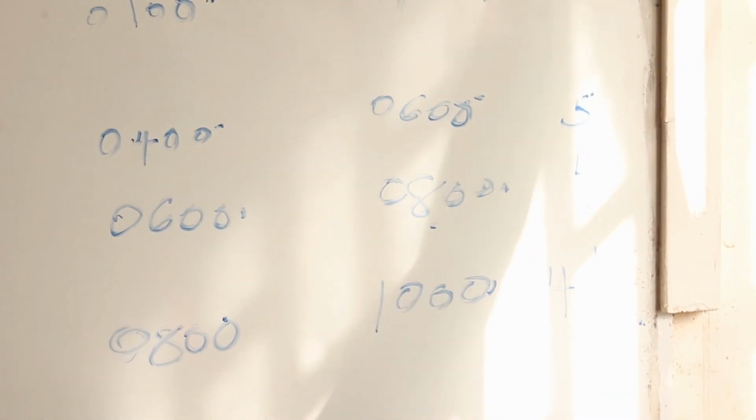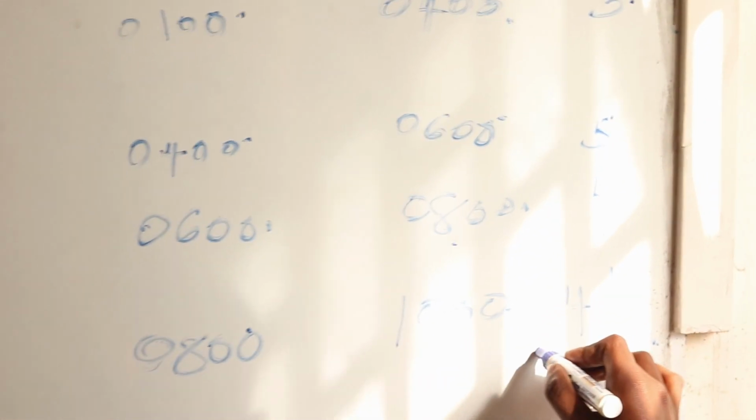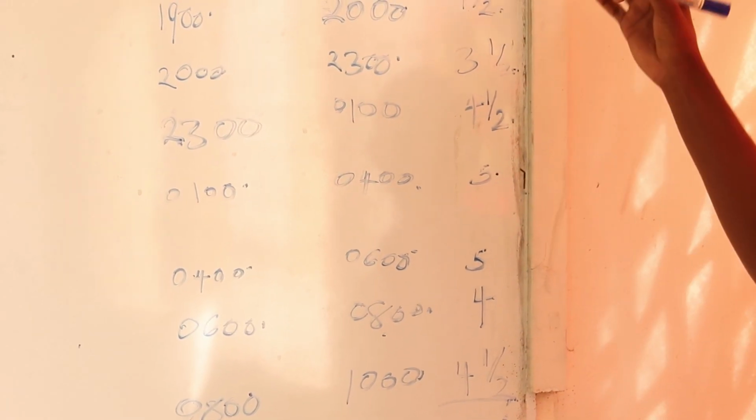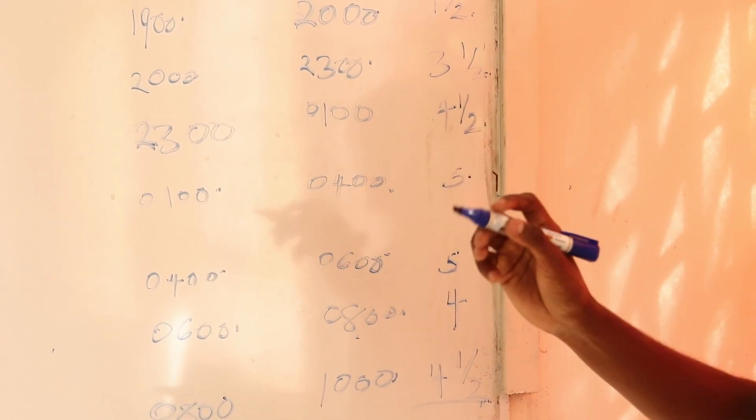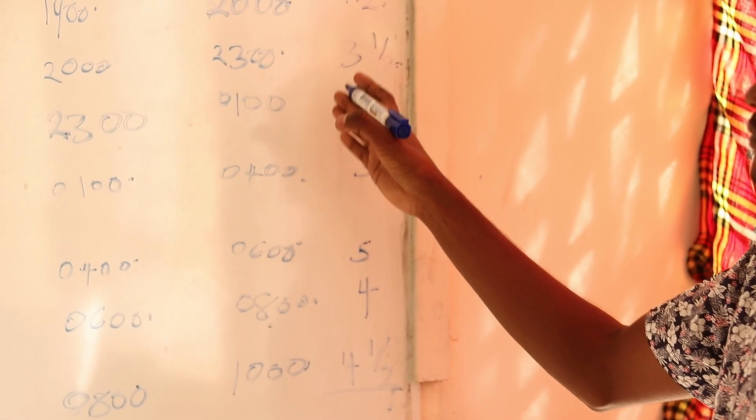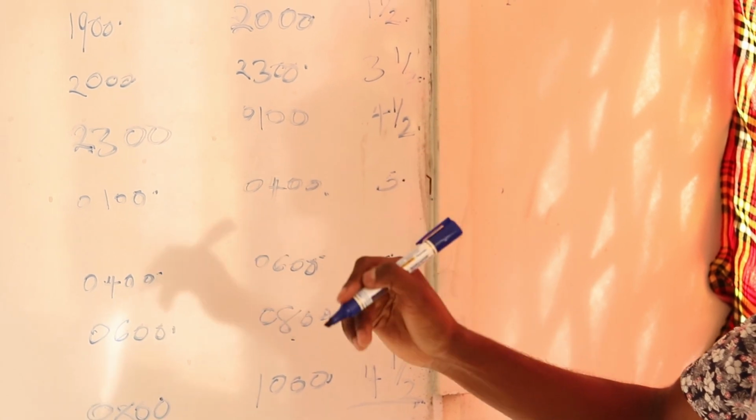And then we'll need to add the time so that we can get the total time for the breakdown. So we are finding the total time that it took between the breakdown and the repair of the generator.